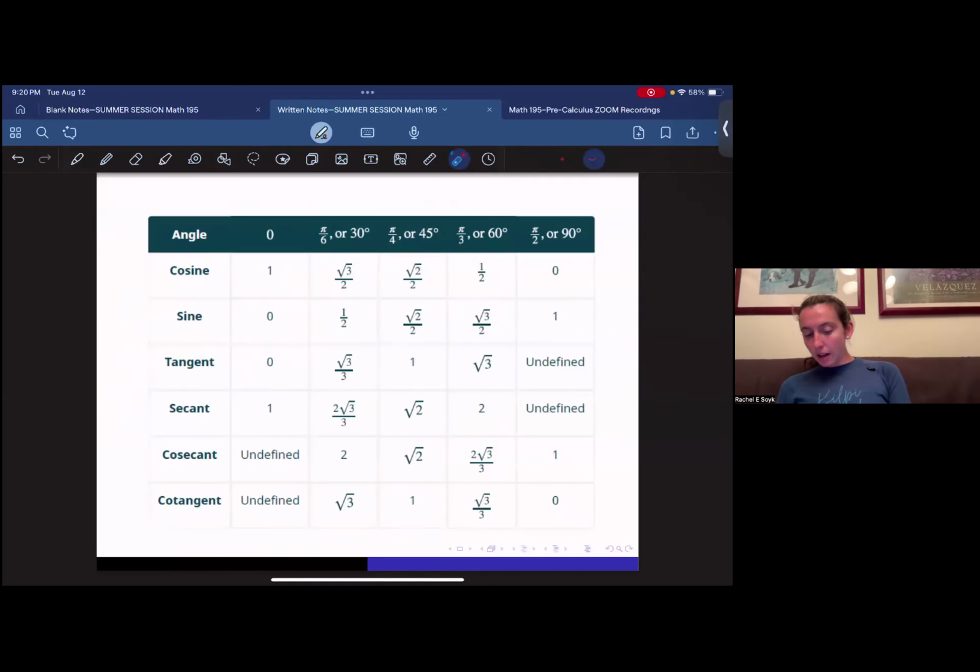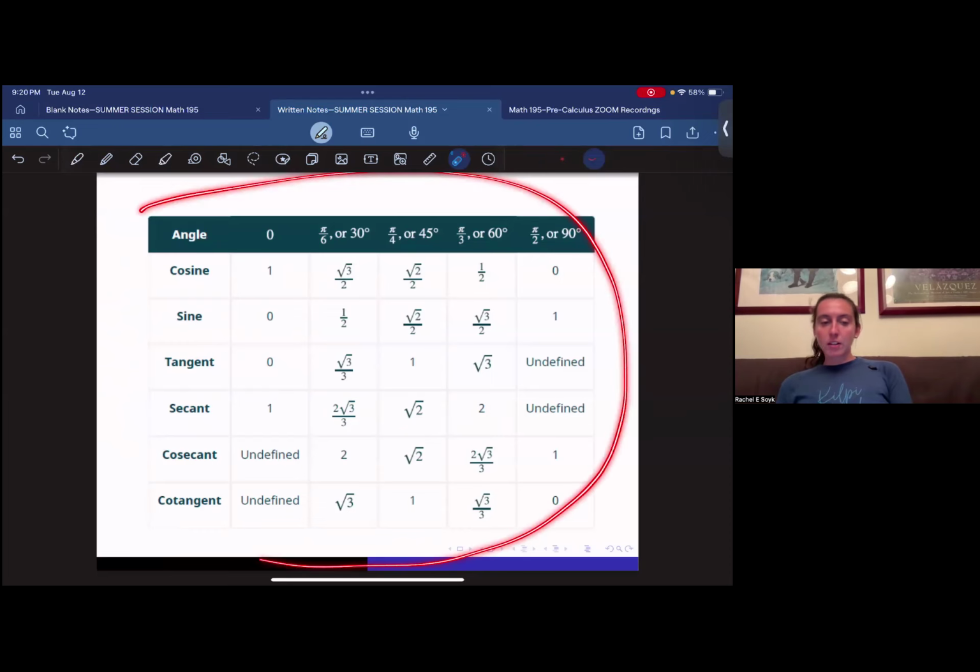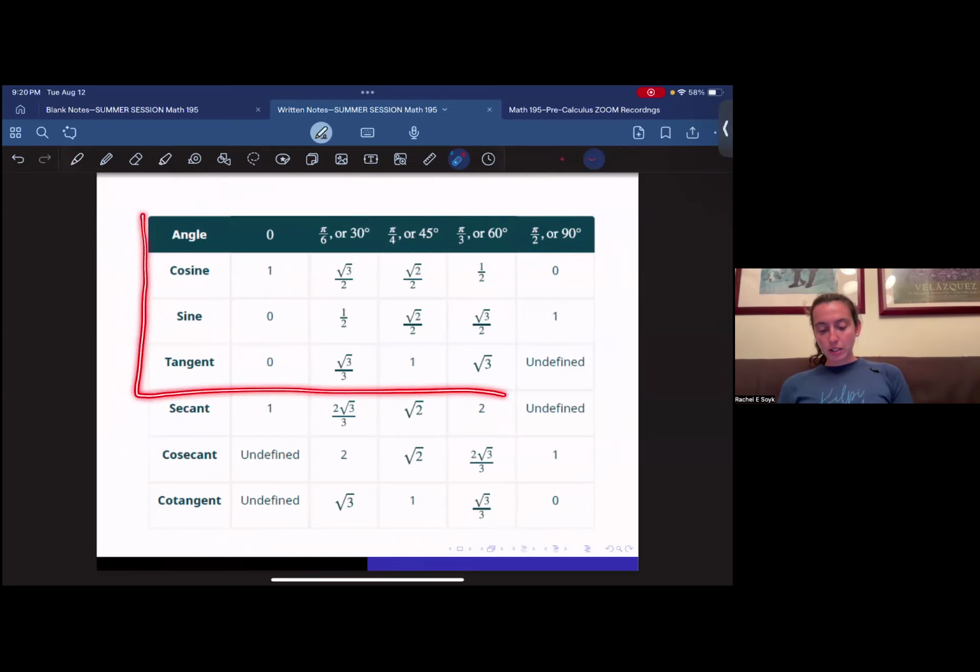This next slide, we have now the full table. Remember in our last section, I went over our cosine, sine, and tangent table with you guys. Now we are fully capable of adding in those additional rows.